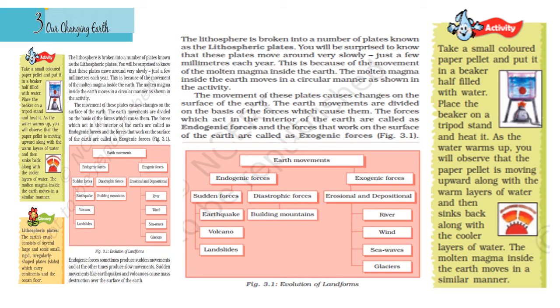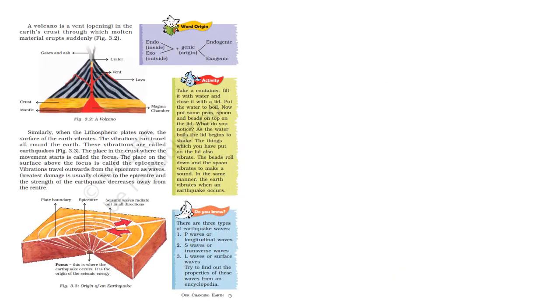We will study about them one by one. As we saw, endogenic forces work inside the earth. Endo means inside and exo means outside. Genic means origin, so these forces originate from inside or from outside: endogenic and exogenic.